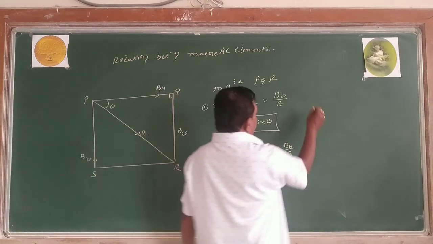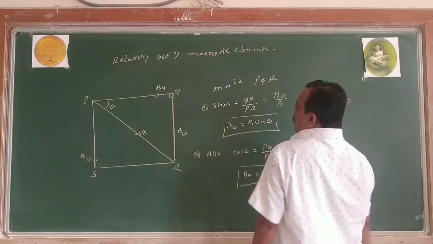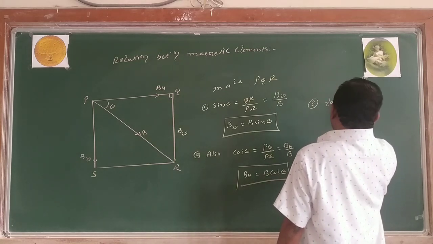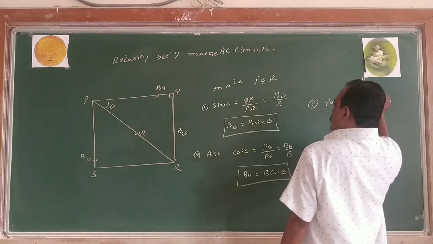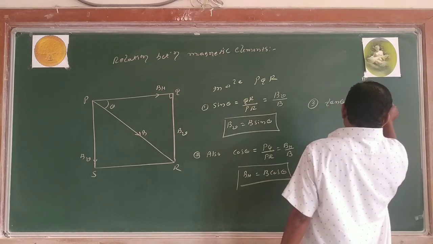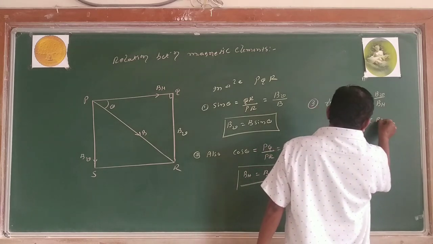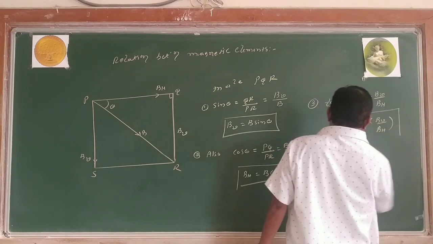Tan theta equals opposite side by adjacent side, QR divided by PQ, that is BV by BH. Then theta equals tan inverse BV by BH. We can determine the angle of inclination, that is the magnetic dip.